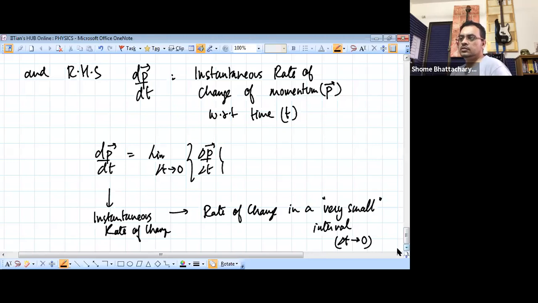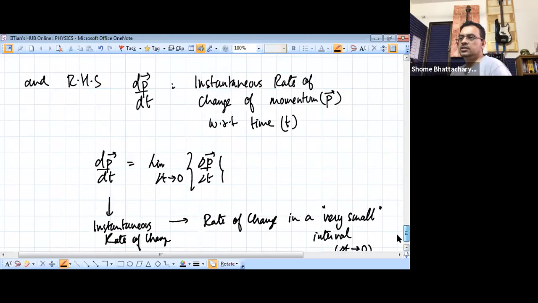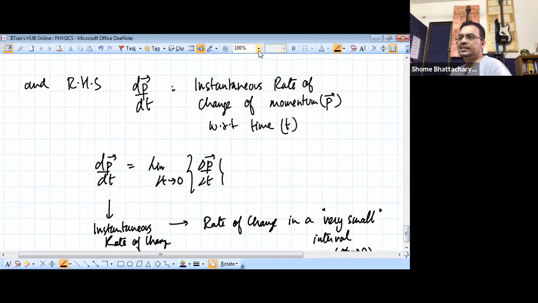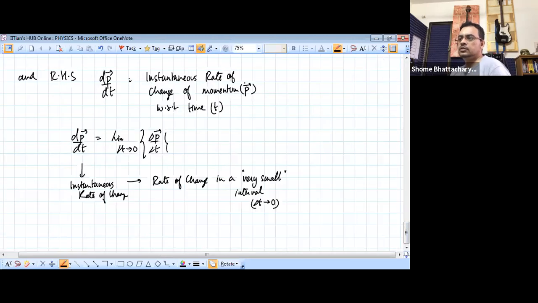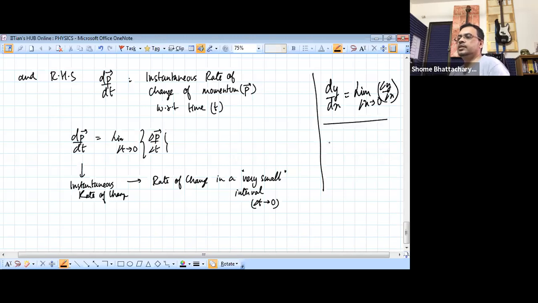The same formulas that you learned in differentiation will be applicable. For example, you've learned that dy by dx is defined as the limit delta x tending to 0 of delta y by delta x. For example, you know that if y is equal to x to the power n, then dy by dx becomes n into x to the power n minus 1. So that kind of thing.